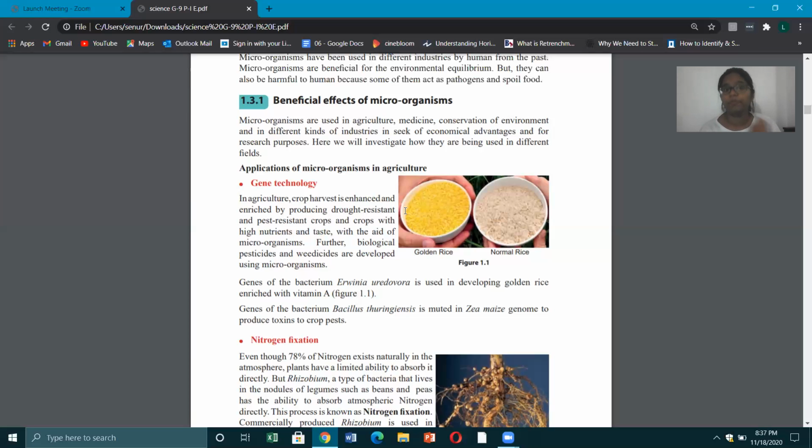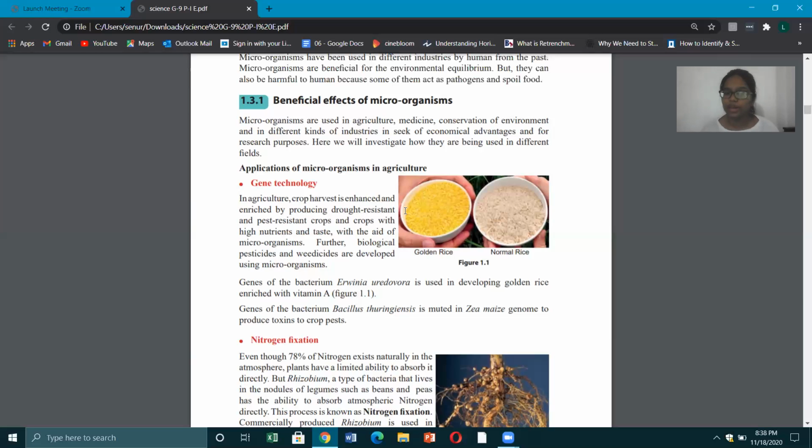And also biological pesticides and weedicides, which are being used by farmers and other agricultural people, are also made using microorganisms. In order to protect the harvest, in order to protect the crops, there are times we will have to use weedicides and pesticides, and most of the time they are produced with the aid, what do you mean by aid? With the help of microorganisms.